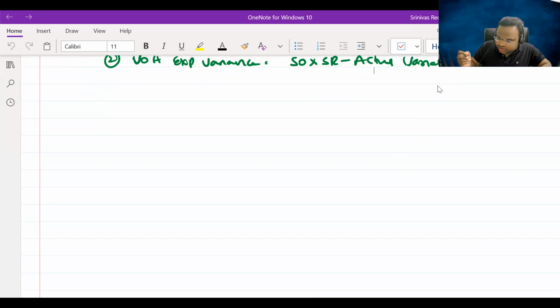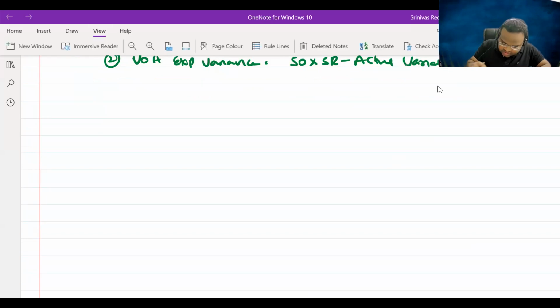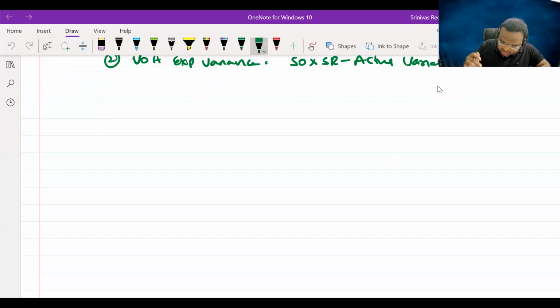Okay. Now, fixed overhead cost variance.